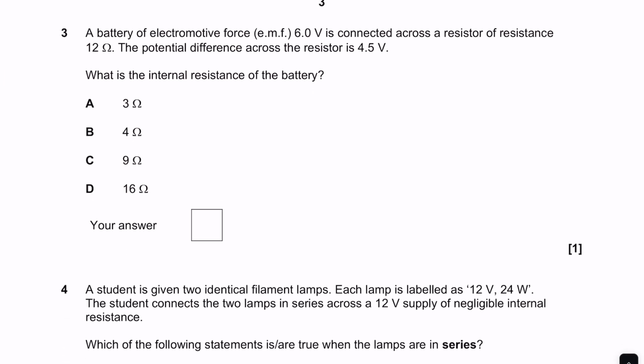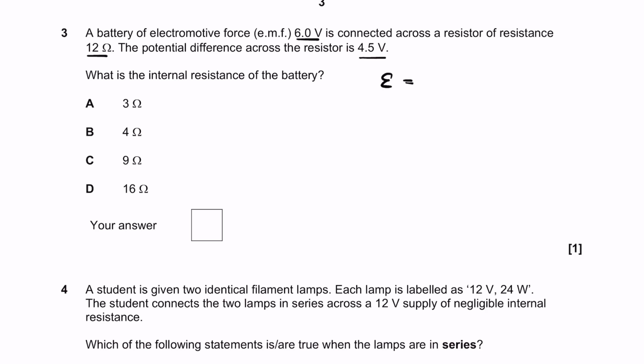Question number 3. A battery of EMF 6 volts is connected across a resistor of resistance 12 ohms, and the potential difference across the resistor is 4.5 volts. What is the internal resistance of the battery?